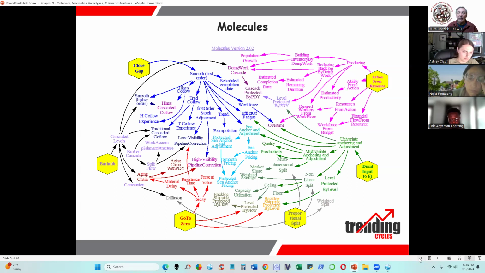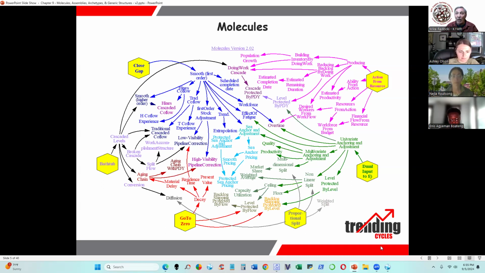But in the real software, you can click on these things, and it'll take you right to the generic structure, the stock flow feedback loop structure and equations, and it'll tell you where and how you use it, and you can copy and paste it right into your model. You don't have to reinvent it.